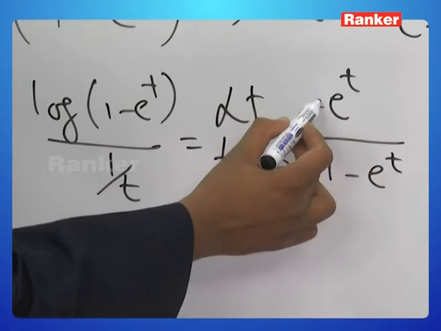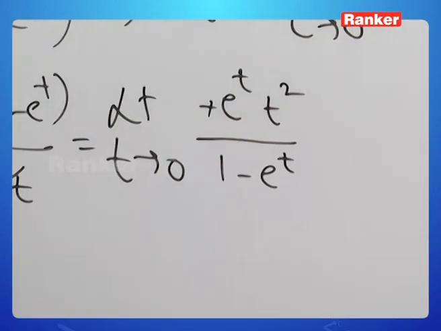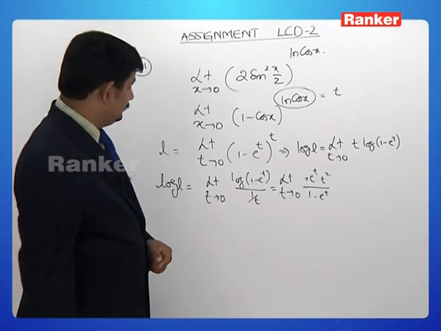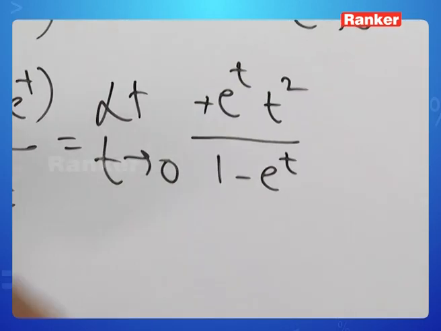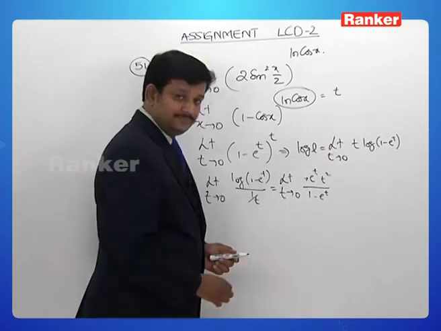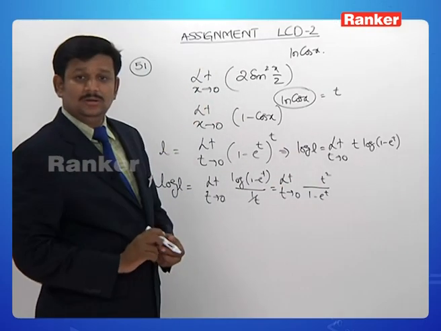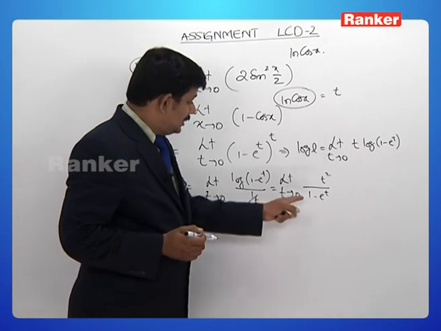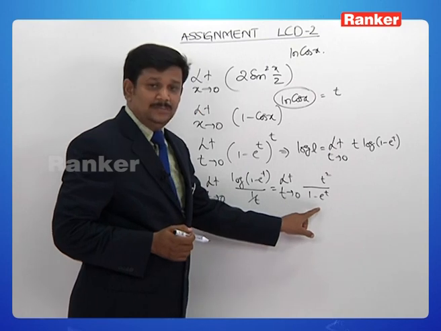minus 1 by t square. Minus and minus gets cancelled, 1 by t square goes up, in the numerator becomes t square. Now, you can see as t tends to 0, e power t tends to 1. So, we can write this as 1 into whatever is that same number. Limit t tending to 0, t divided by 1 minus e power t is 1.